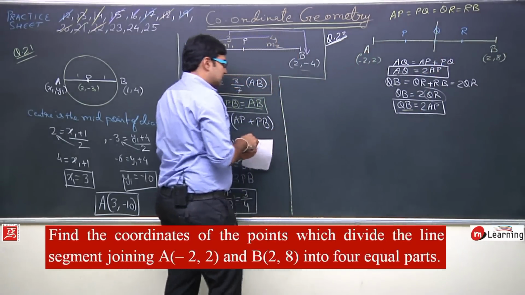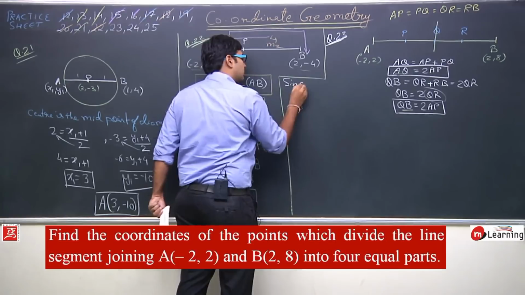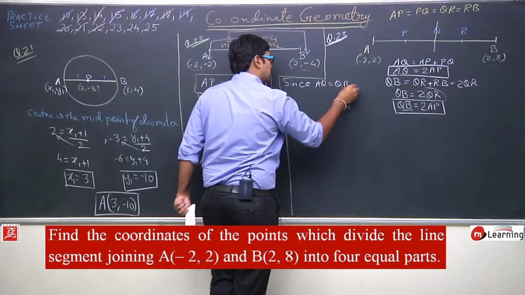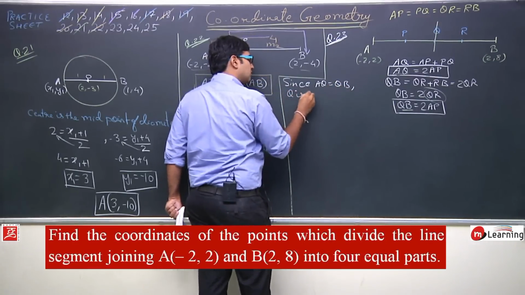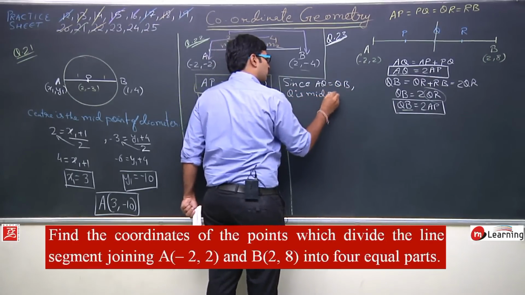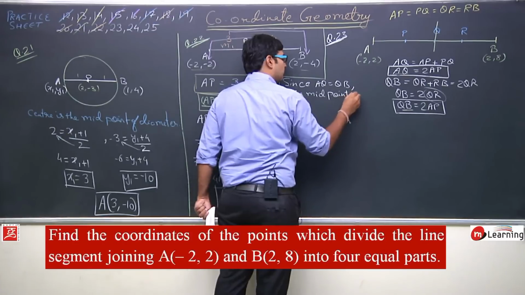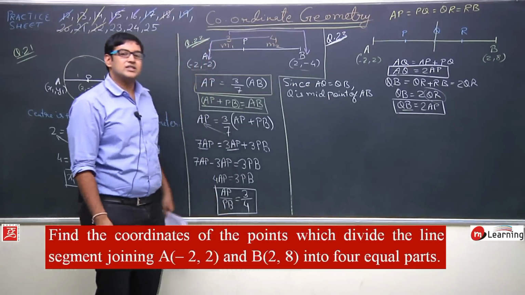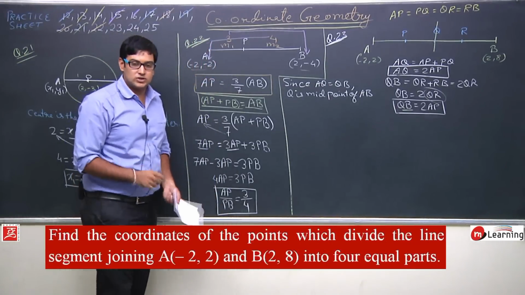Okay, since AQ is equals to QB, Q is midpoint of AB. This is the conclusion that we need to solve this question.